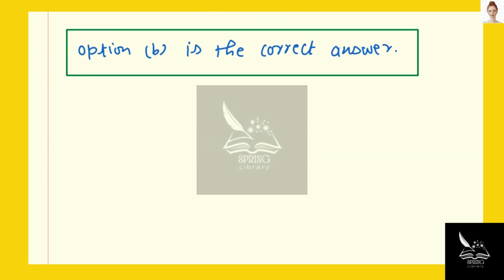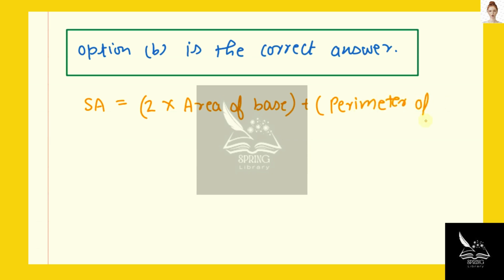And here we need to calculate the total area of the prism. So we can write surface area, or the total area of the prism, is equal to 2 times area of base plus perimeter of base times height.